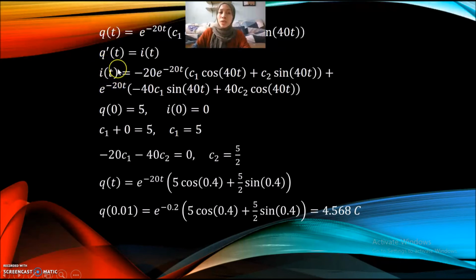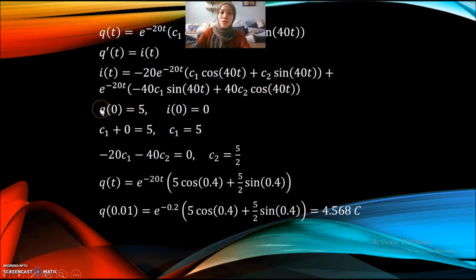To get I(t), we differentiate the Q(t) equation. So we have negative 20 e to the power of negative 20t times C1 cosine 40t plus C2 sine 40t, plus e to the power of negative 20t times negative 40 C1 sine 40t plus 40 C2 cosine 40t.